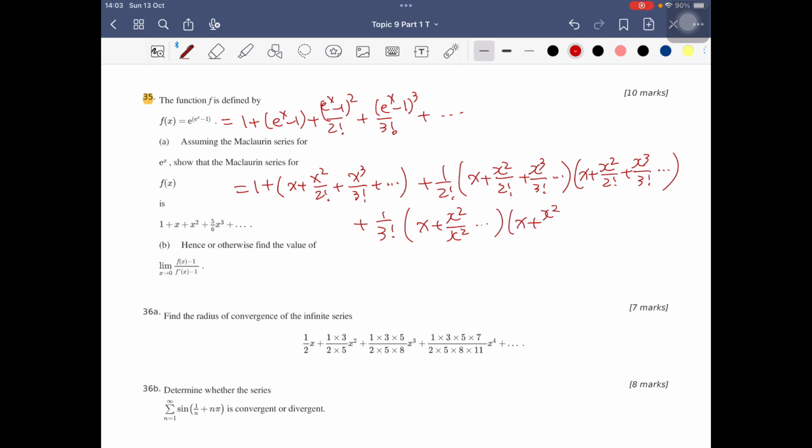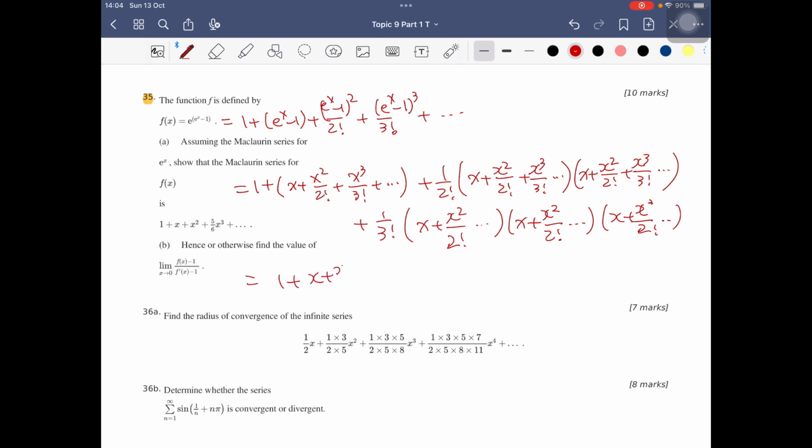Here I'll write down only like this because it's very obvious. We don't need x cubed because we need to multiply them 3 times. So already this is enough.